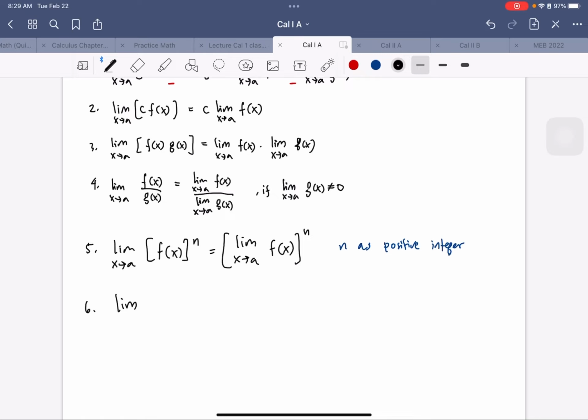And the other property is the root. But I think root and power don't really differ that much, so you can write it as one subject.